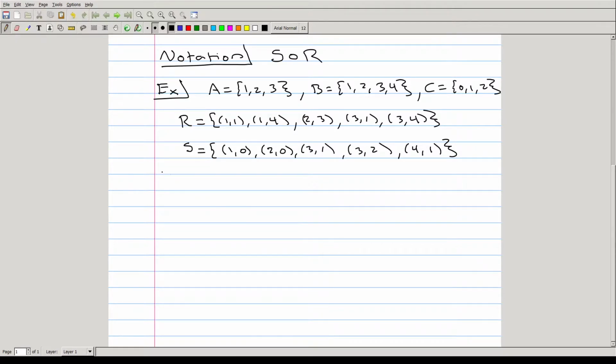In which case S composed with R is going to be (1,0), (1,1), (2,1), (2,2), (3,0), and (3,1).